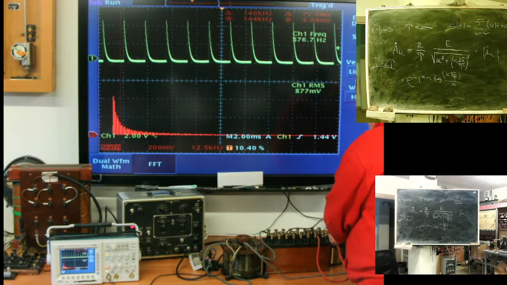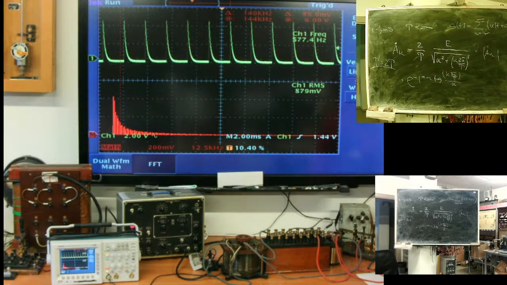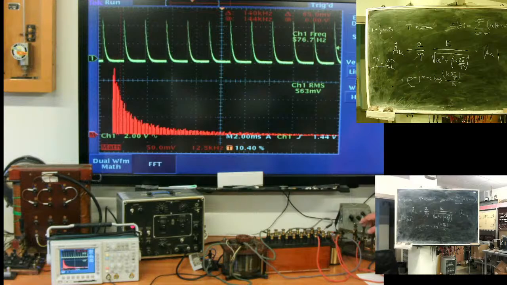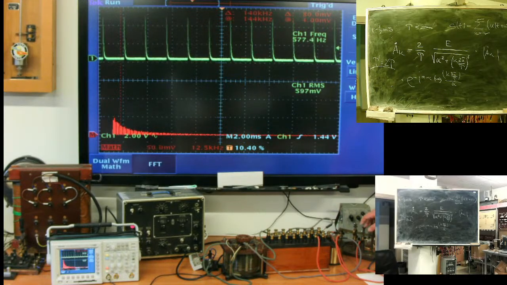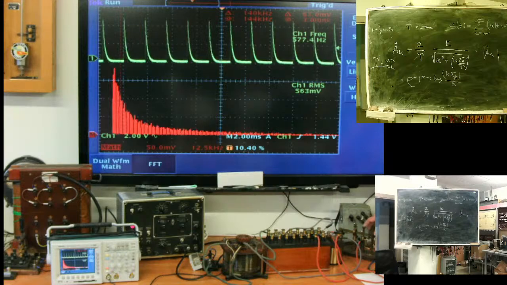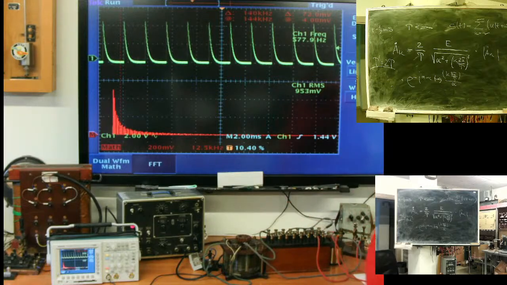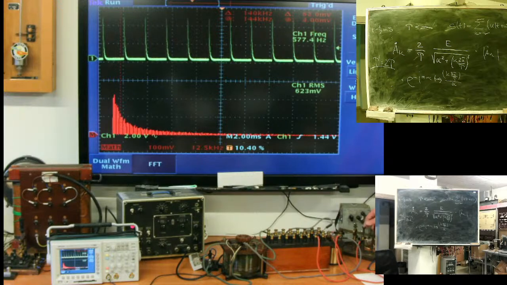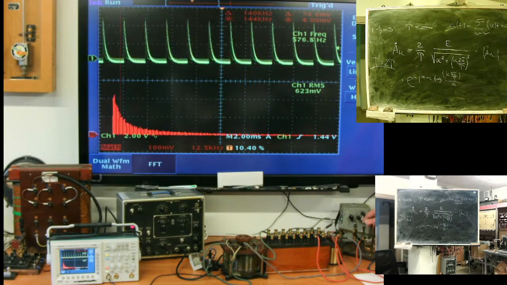Now resistance is only 50 kilo ohms. I decrease resistance 4 times. You see what happens with the yellow line? It's a change of alpha 4 times. Changes are much faster. See?